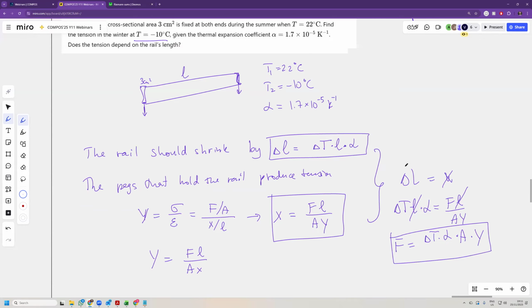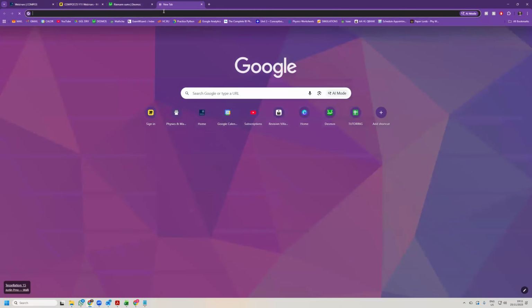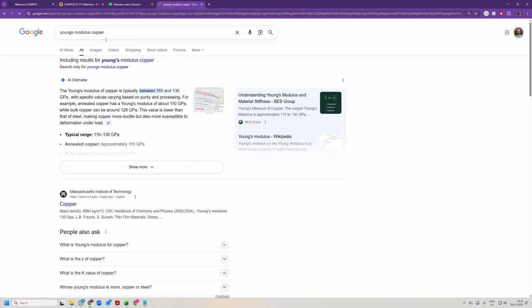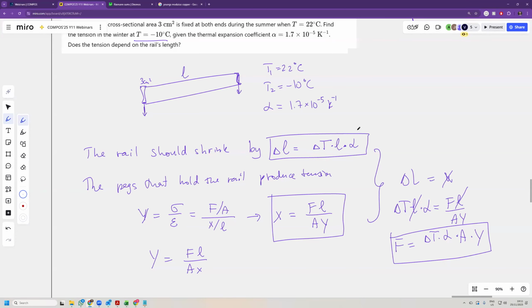And we just need to check the Young's modulus for copper. Let's say 120 gigapascals. Young's modulus of copper is 120 gigapascals.